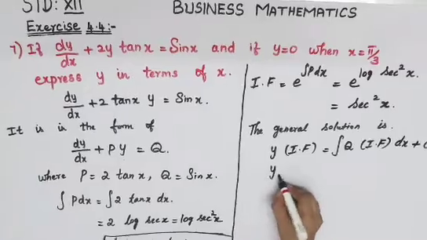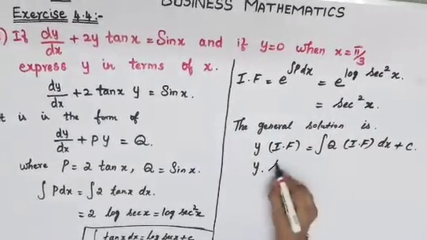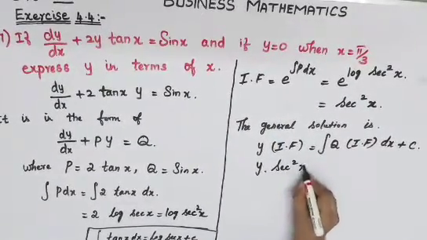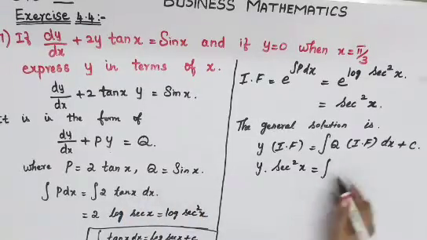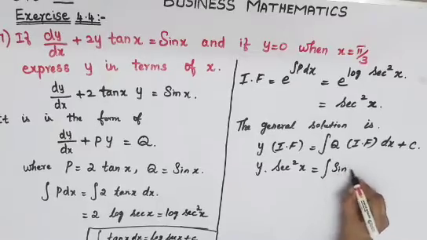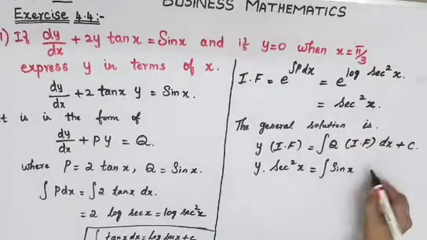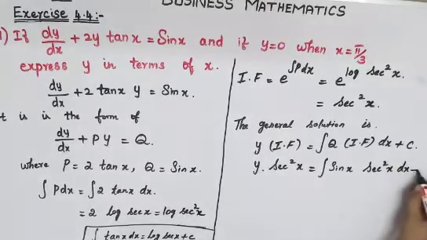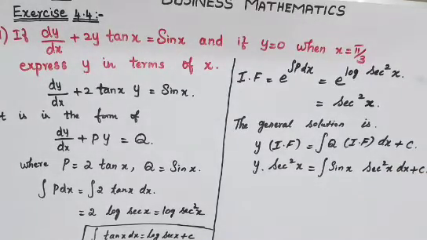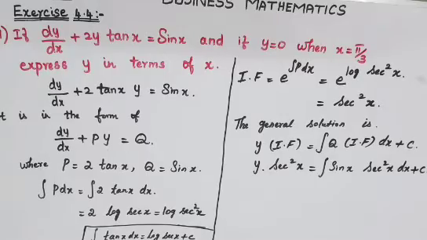So y into IF is nothing but secant square x, so y secant square x is equal to integral. Q is here, it is sin x. So sin x, again IF is secant square x, dx plus c.